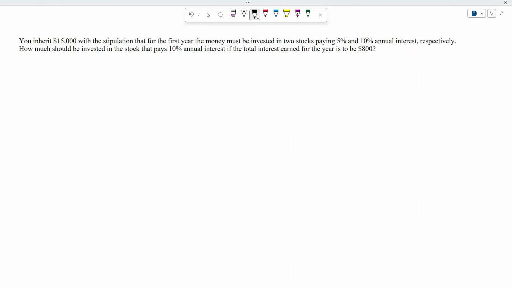So $15,000 with the stipulation that for the first year, money must be invested in two stocks, one paying 5% and one paying 10% annual interest. How much should be invested in the stock that pays 10% annual interest if the total interest earned for the year is going to be $800?